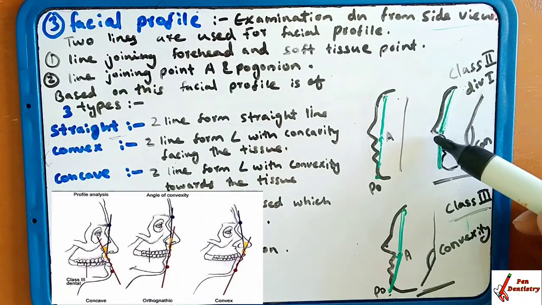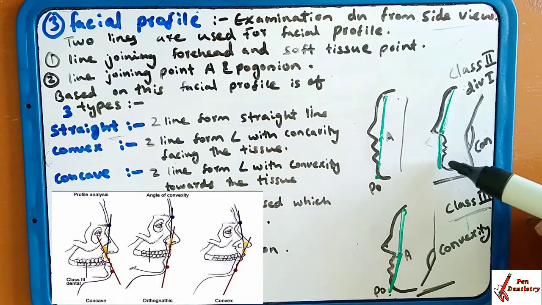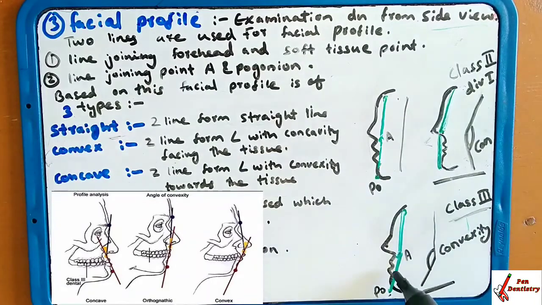Here the maxilla is protruded and the mandible is retruded; there the maxilla is retruded and the mandible is protruded.